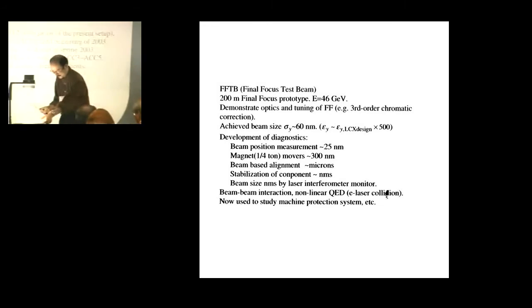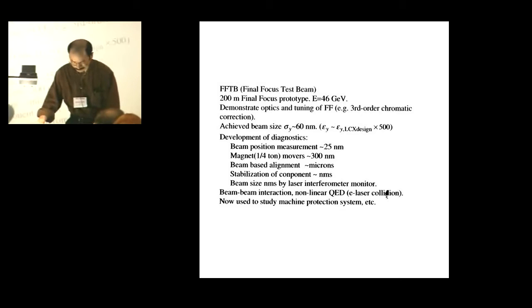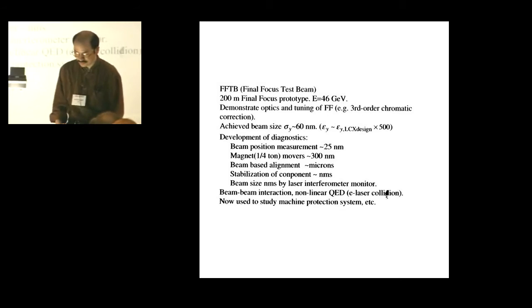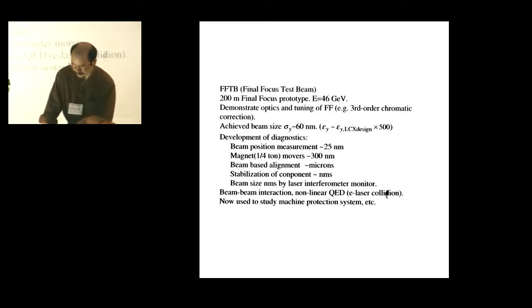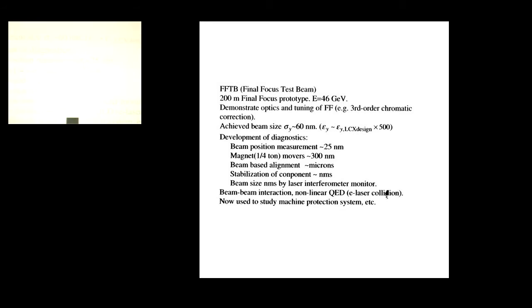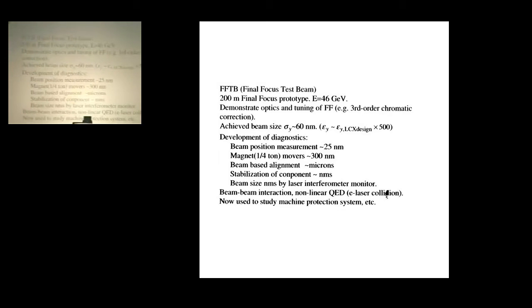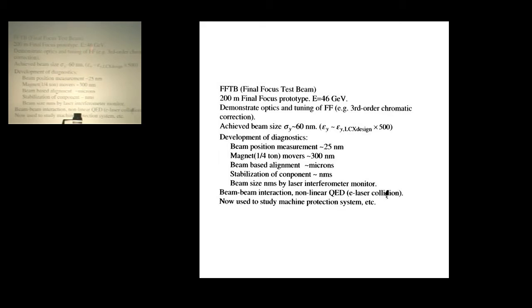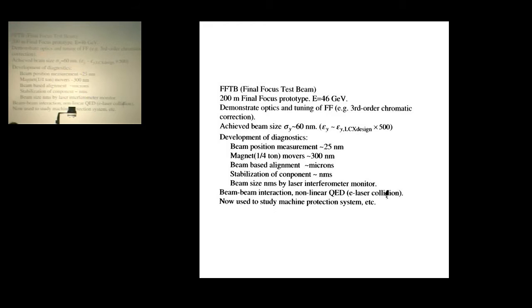Okay. Let me say a little about the facilities at SLAC. For FFTB, this is a little old, but this is a 200-meter final focus prototype at an energy of 46 GeV, and it demonstrated optics and tuning of the final focus system.